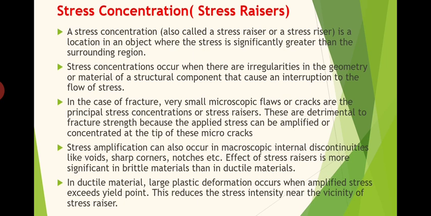And if some micro cracks or flaws are within the material, then that part is also going to be a stress concentrator. Usually fractures happen because of this type of stress concentration. Because the flow of stress is interrupted, the magnitude of stress at that particular point is going to increase.